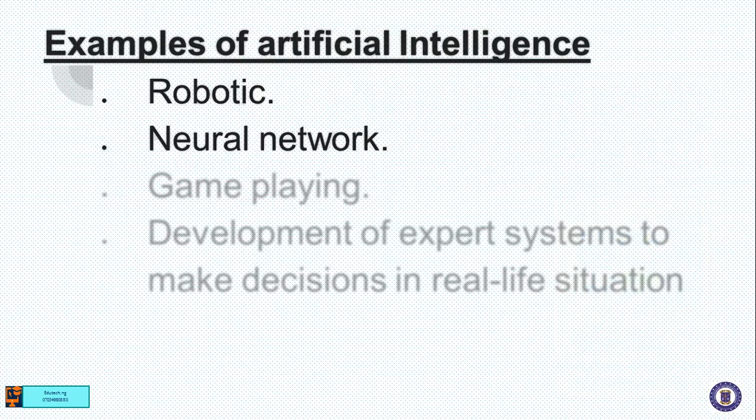That is to say, this neural network helps the robot to run, to communicate, to carry out the activities you want them to carry out. Three, game playing. I just told you that the game playing images are examples of what? Robots.